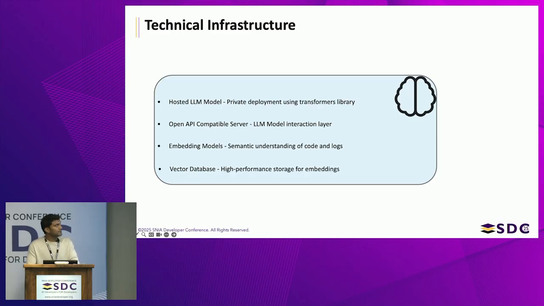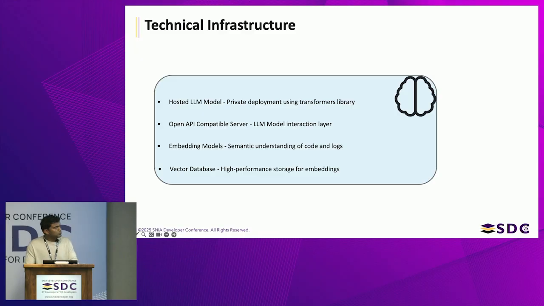We use a summarizer model to understand the functional test spec and what the functional test is all about. We also have an OpenAI-compatible server to interact with the model. You could think of it as an interface between the application and the model, where you could interact with the model to get responses or interactions.